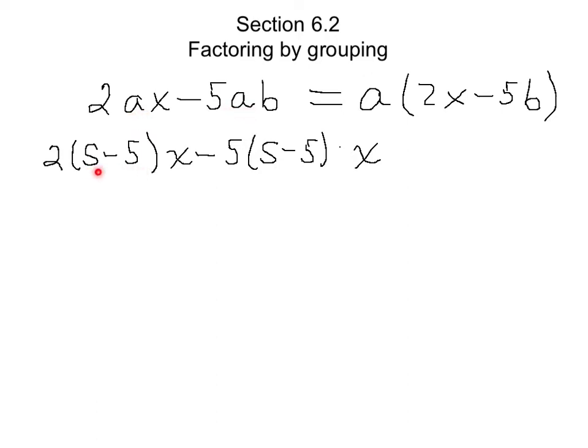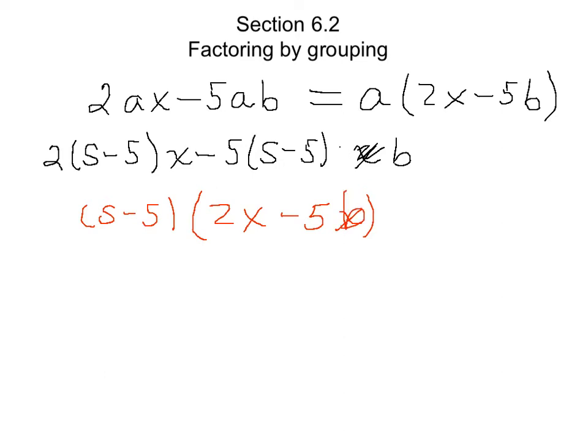Although this is a more complicated expression than a, we simply factor it out like we did with the a over here, and what we get is (s minus 5) times (2x minus 5b). I probably made a mistake in writing this, I wanted this to be a b. But same idea. We get the same expression here as we did here. And that's the idea of grouping.